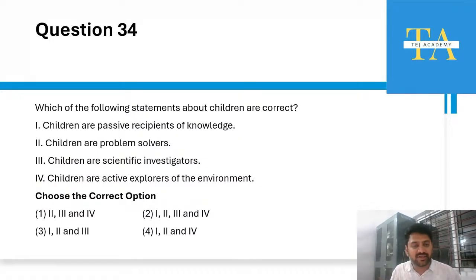Let's move to question number 34. Which of the following statements about children are correct? Children are passive recipients of knowledge. No. Children are problem solvers. Children are scientific investigators.